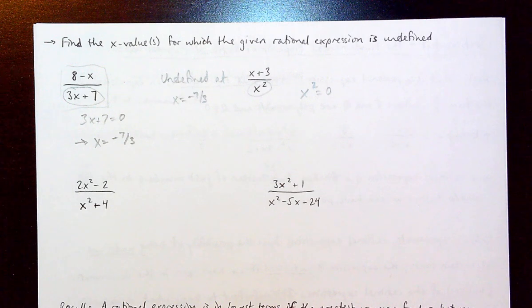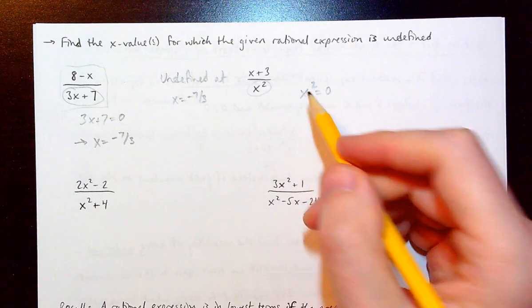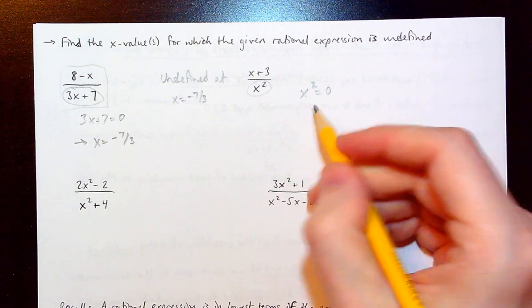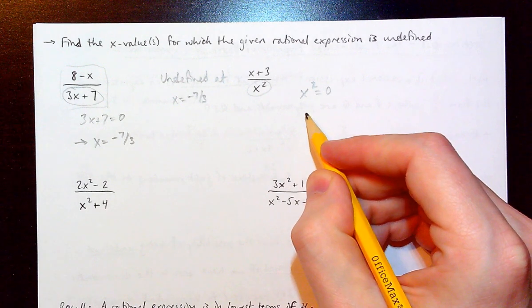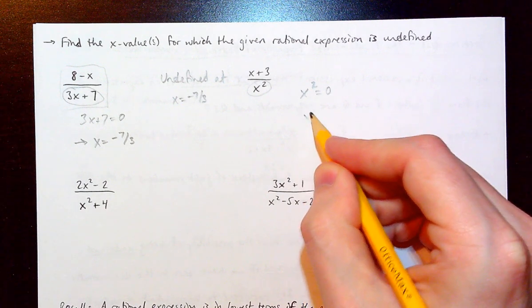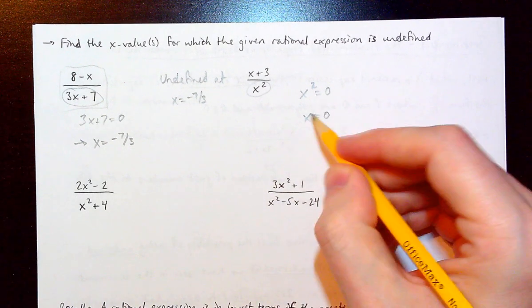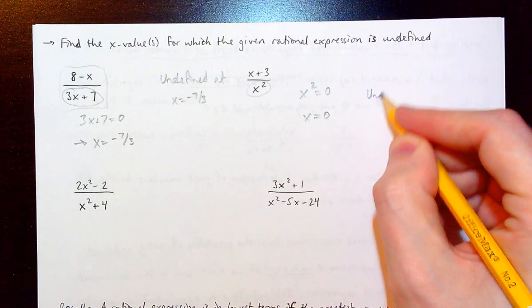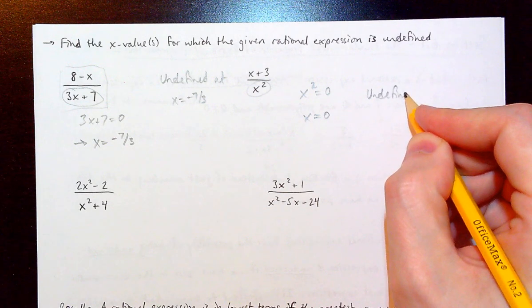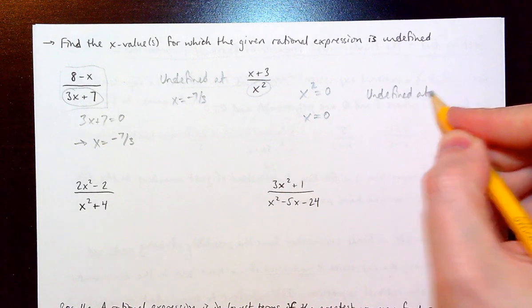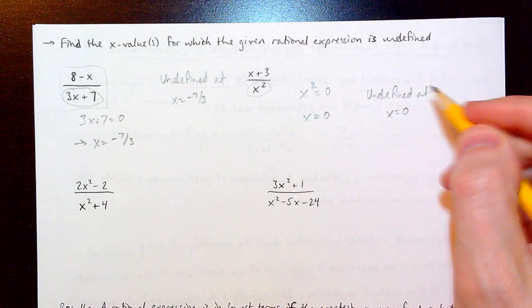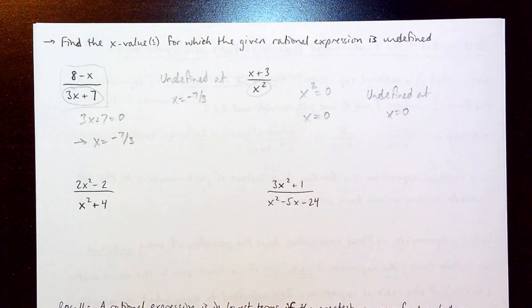The only way you can get 0 by multiplying is to have at least one of our numbers be 0, and these numbers have to be the same thing. So 0 squared gives me 0, so x equals 0. So that's what we have for that one.